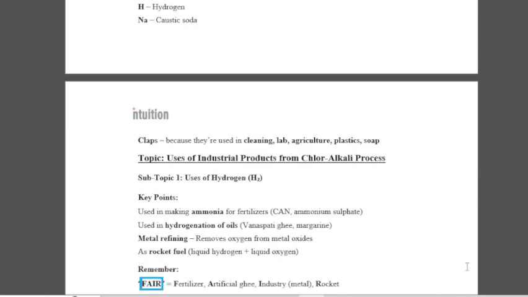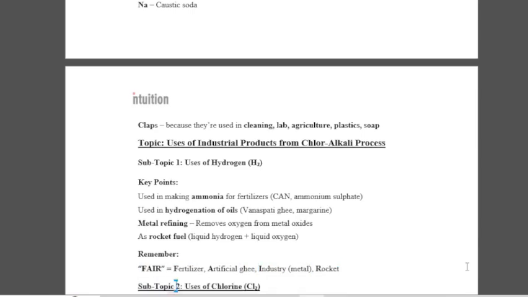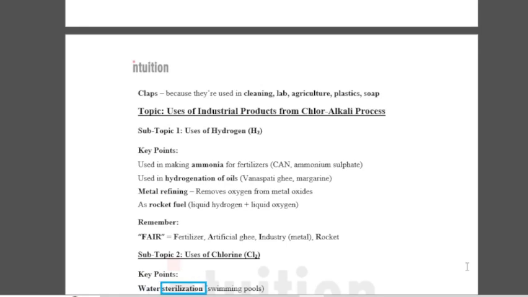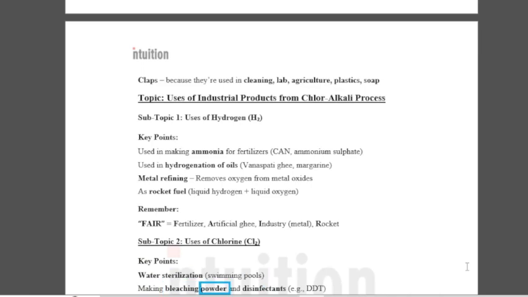Remember, FAIMR. F: fertilizer. A: artificial ghee. I: industry. M: metal. R: rocket. Subtopic 2. Uses of chlorine, Cl2. Key points: water sterilization, swimming pools, making bleaching powder and disinfectants, for example DDT.